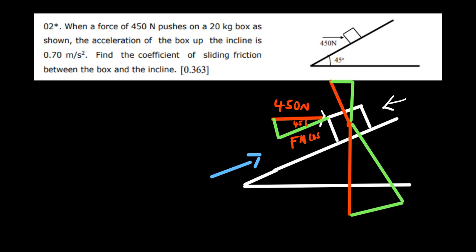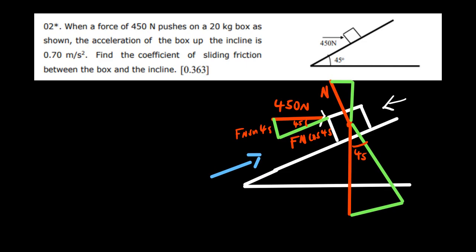Because this one is 45, the other one on this side also will be 45. So this is Fn cos 45. This other one will be Fn sin 45.